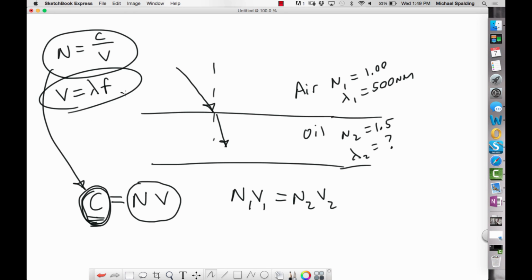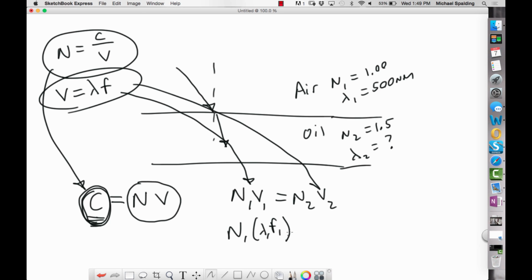Then take this equation, plug it into velocity. All right, so we know that, so we go N1, that's going to be wavelength 1, frequency 1, equals N2, wavelength 2, frequency 2. Now what do we know about these frequencies? They're the same.